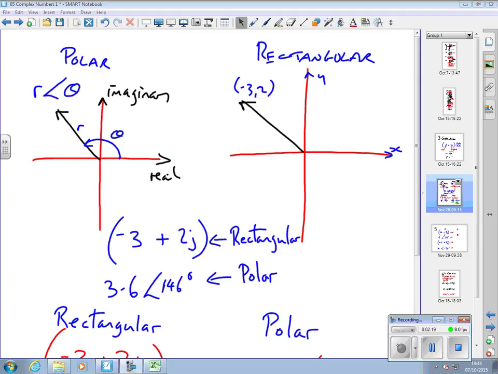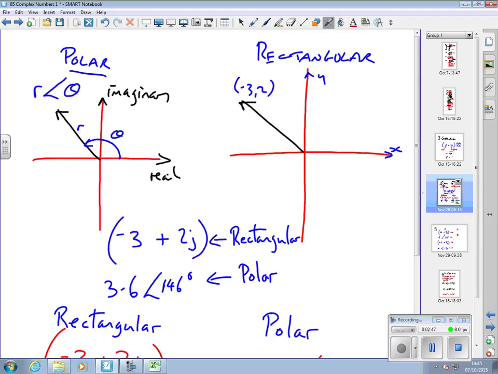So this is going to end up representing the complex number -3, remember I said that this was the real axis. So -3 on the real axis is the real part, and 2 is going to be the imaginary part. So that's going to have a j associated with it. But in the same way, we can represent our vector on what are called polar coordinate systems. And that's exactly like in the drill.